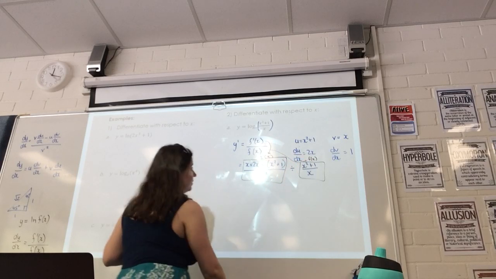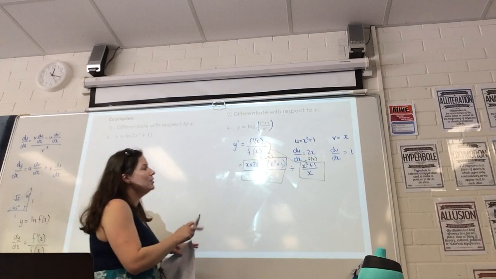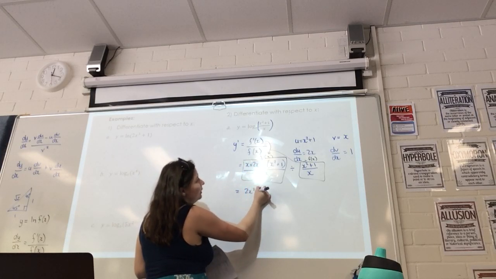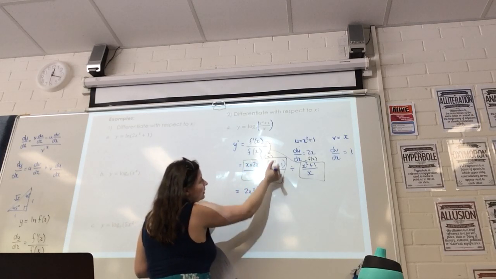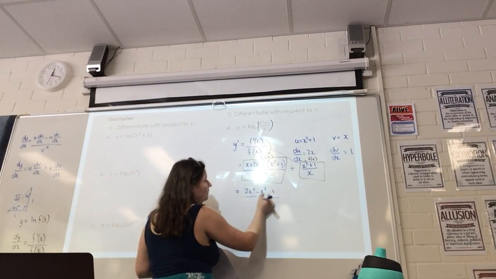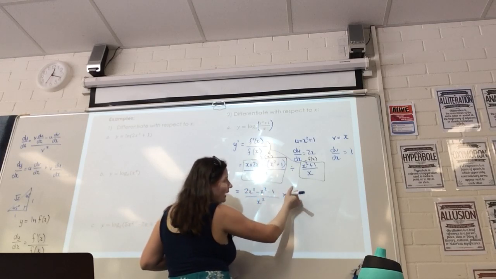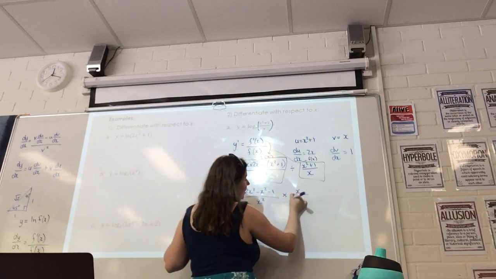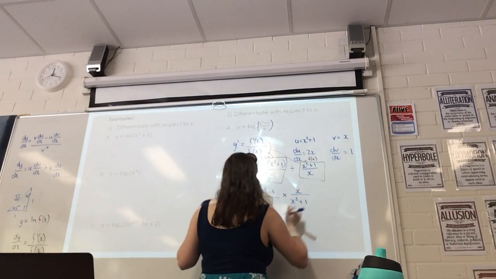Yeah? And so I'm going to flip and multiply. I'll tidy this up a bit. So that's 2x squared minus x squared minus 1 times, flipping and multiplying, x on x squared plus 1.